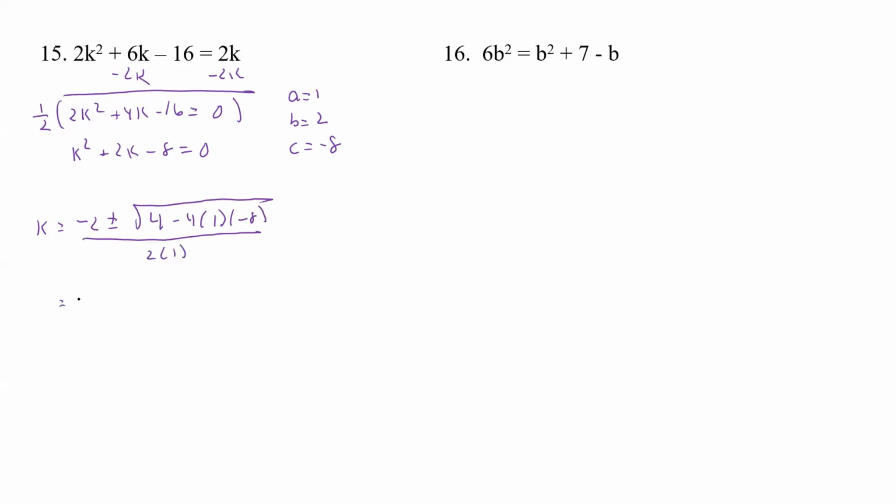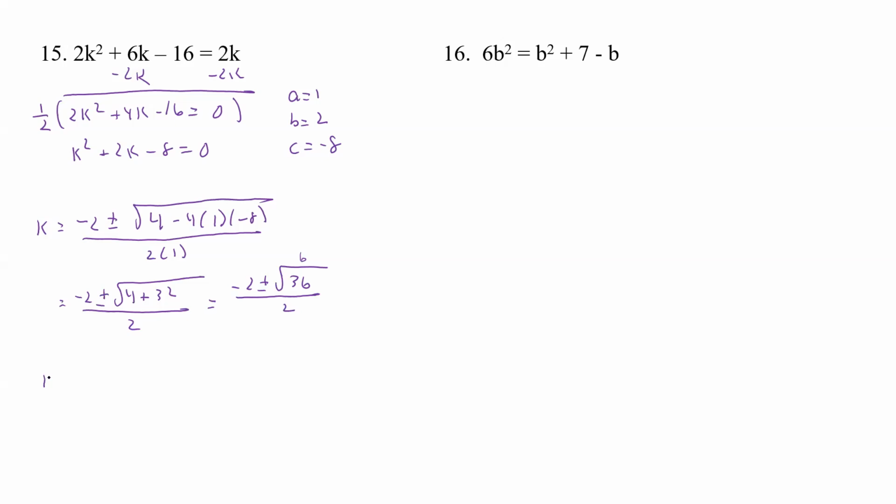Okay. So that gives me -2 plus or minus the square root of, here we have 4. Here's a negative times a negative, so it's plus 4 times 8, that's 32, all over 2. So it's going to be -2 plus or minus the square root of, here that's going to be 36. Well, that's 6 times 6, so that's square root 6, all over 2.